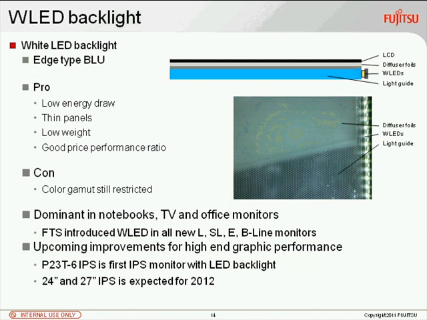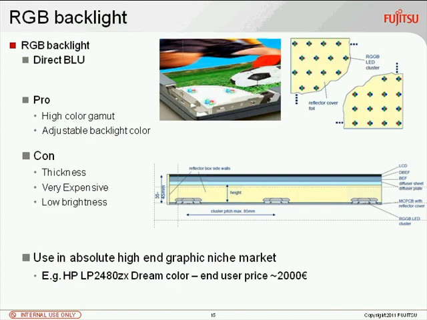To be complete, there's also another kind of LED backlight. Just want to mention this. It's called RGB backlight, and this one uses not a white LED but small LEDs of the basic colors, and these are not edge type but on the rear side. This technology is very high-end in color, so the color of the backlight even can be adjusted.